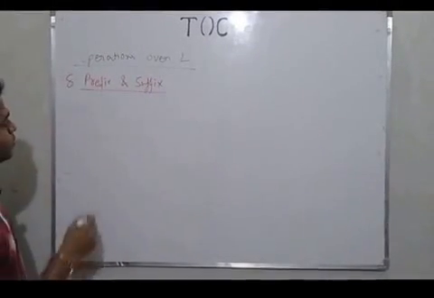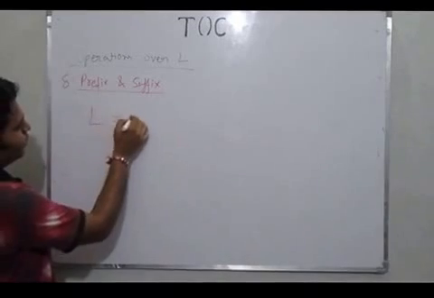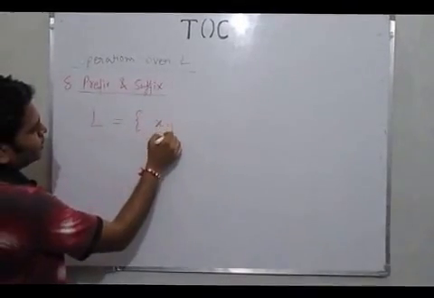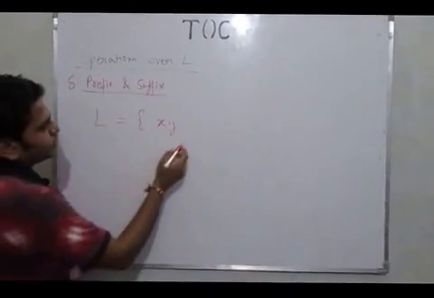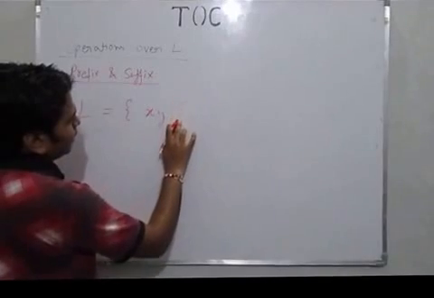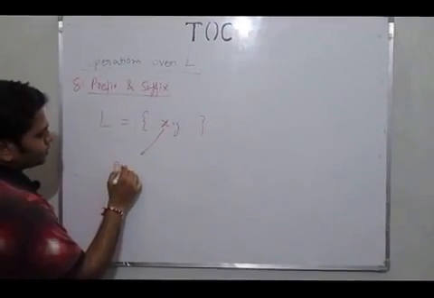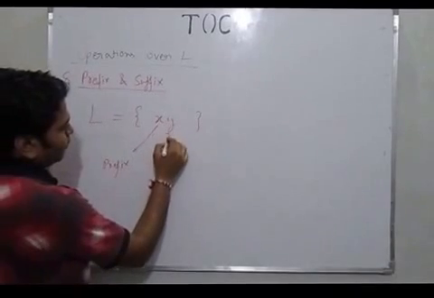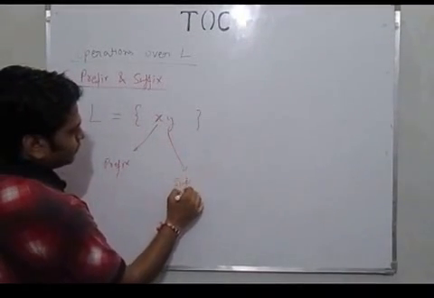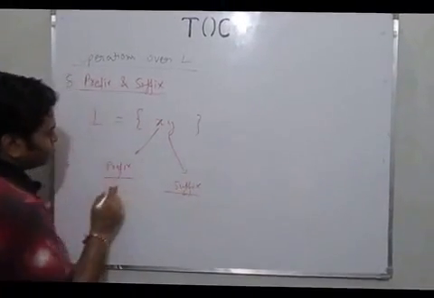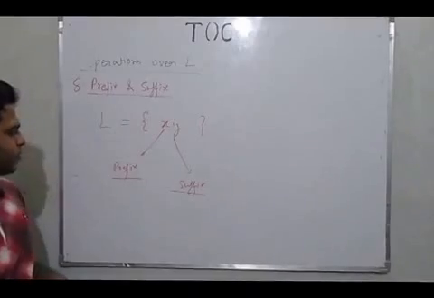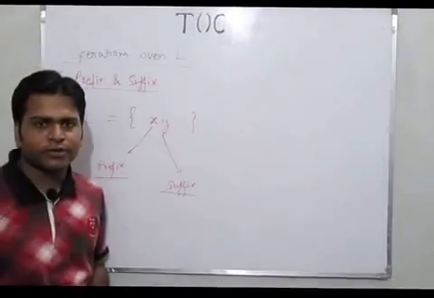Let us check that. Suppose we have a language, and in that language XY is there. Fine, XY is there. So we will call X a prefix and Y a suffix.